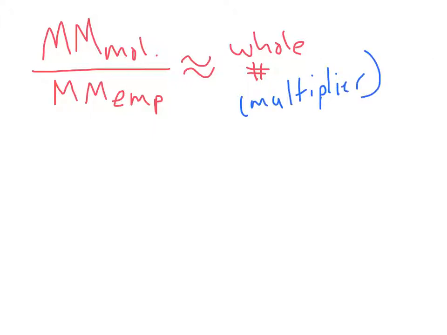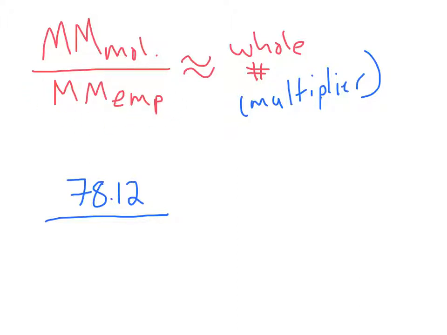So let's look at this specific example. Here, the molar mass of the molecular formula, this top number, which I told you always has to be given to you in the problem, is 78.12. The empirical formula is CH, so we need to calculate this molar mass of the empirical formula.